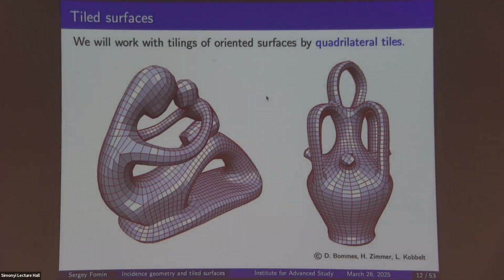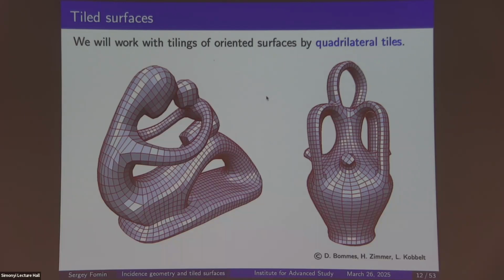So the way this will develop is through tilings. We will consider tiled surfaces. So take an oriented, two-dimensional Riemann surface, just in the topological category, viewed up to homeomorphisms. And we want to tile it by quadrilateral tiles.